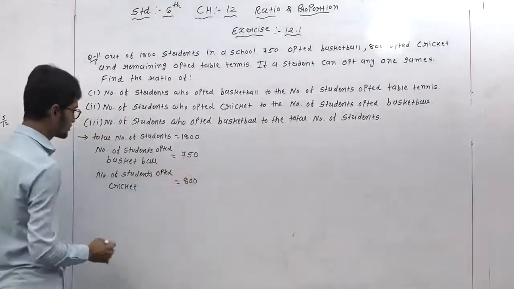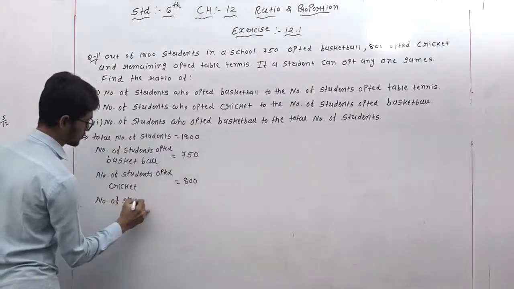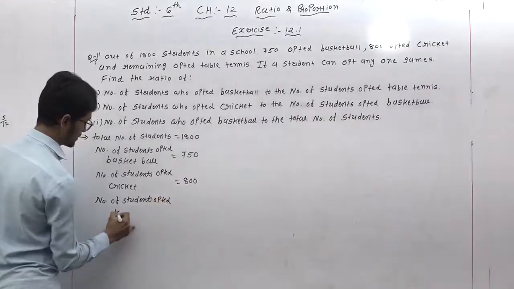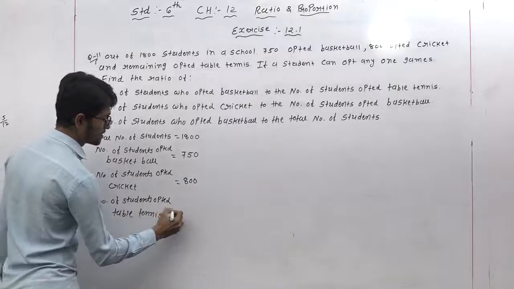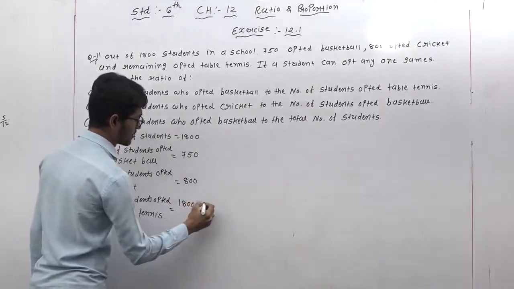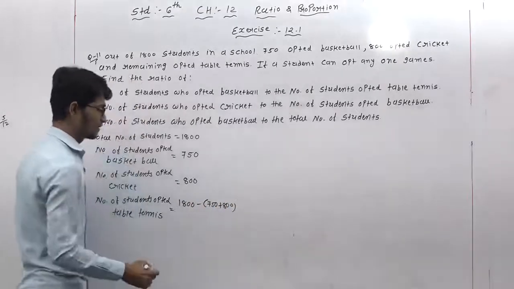this two is subtract, so number of students opted table tennis is equal to 1800 minus 750 plus 800, right?